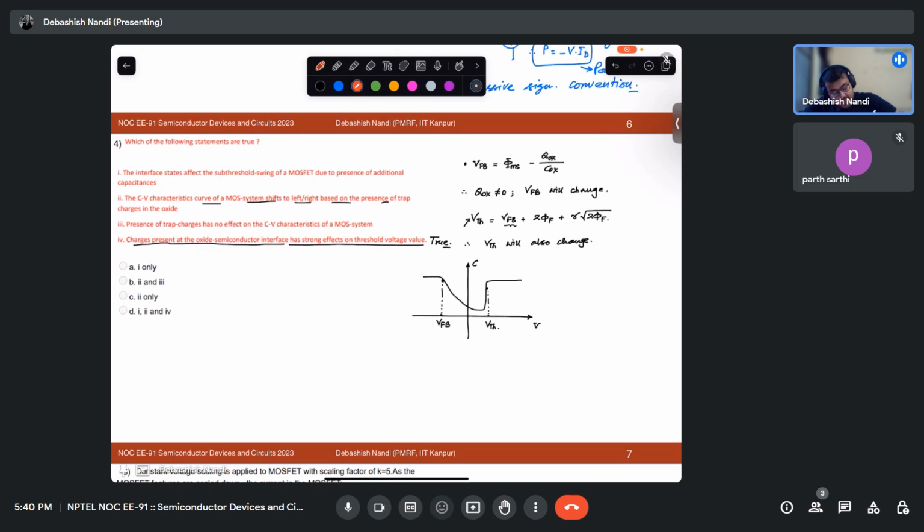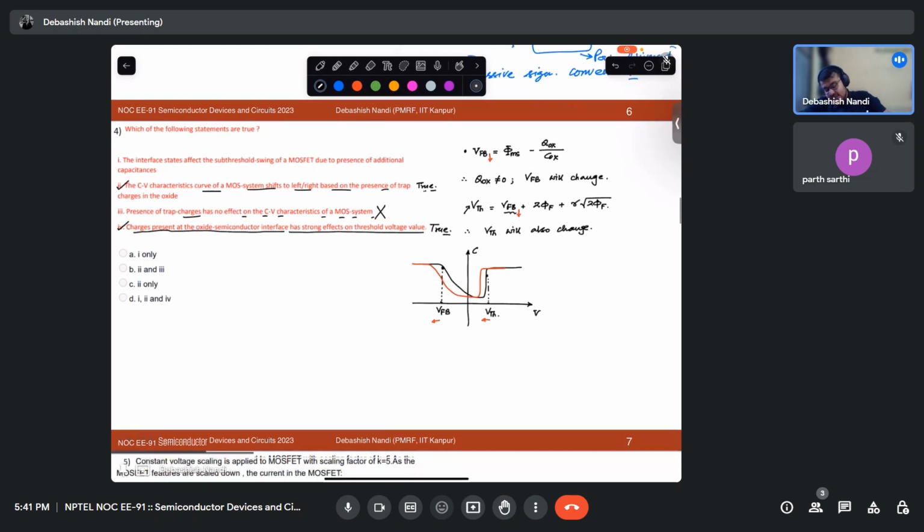If your VFB goes down, your VTH will also go down. So now your plot will be somewhat like this, so your entire CV plot has shifted. Similarly, when VFB increases, the plot will shift rightwards. So this also is true. Presence of trap charges has no effect on CV characteristics of the MOSFET. This is wrong, because this is true.